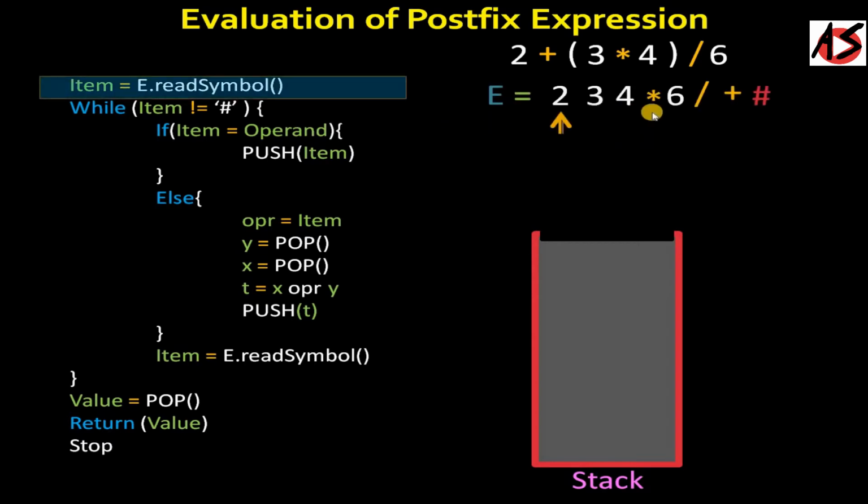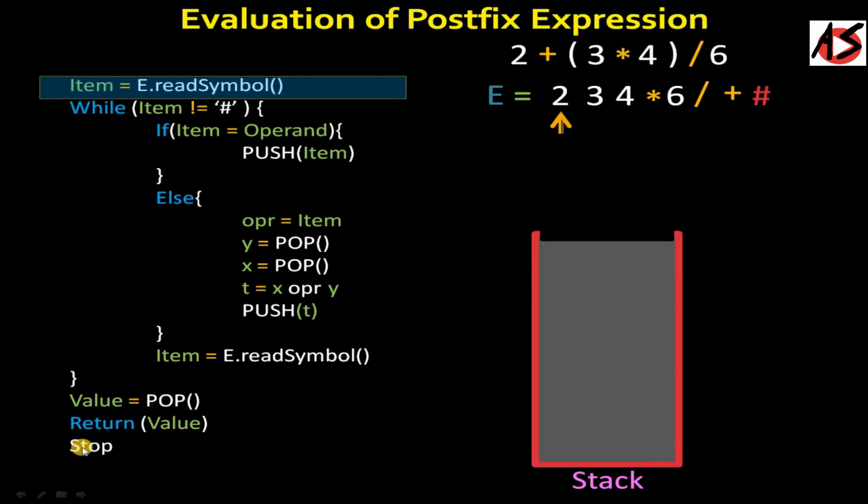When we start our algorithm execution, we take one variable e, in which we store the postfix expression, and we add a hash symbol, which is just the ending marker. When we reach that ending marker, we have to stop our procedure.